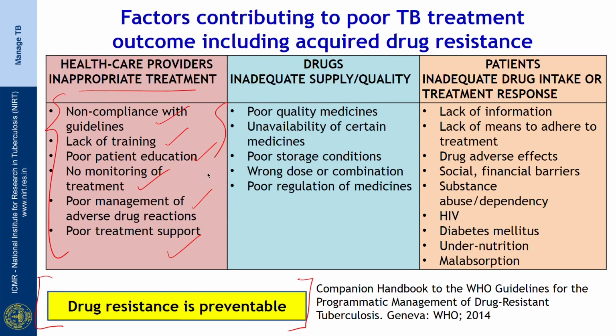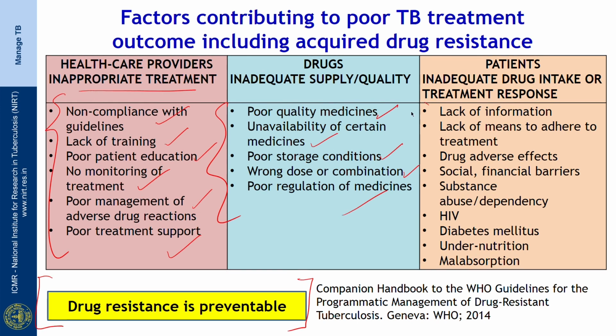In terms of drugs, it may be poor quality medicines, unavailability of certain medicines, poor storage condition, wrong dosage combination or poor regulation of medicines. So, it is important that the correct combination with appropriate dosage is given for the prevention of drug resistance.